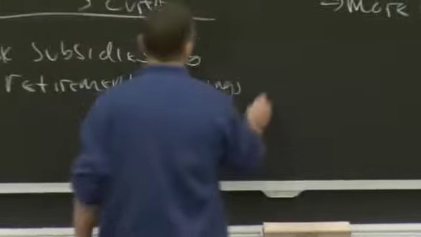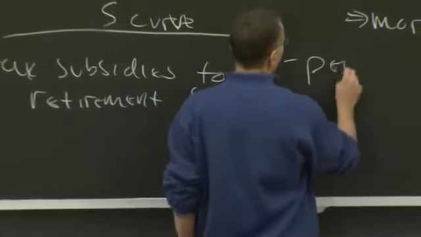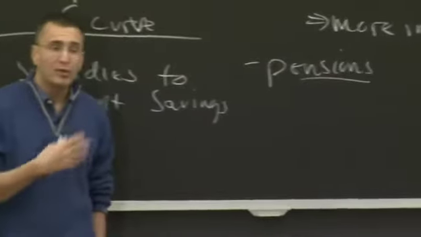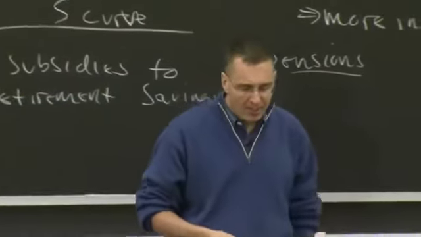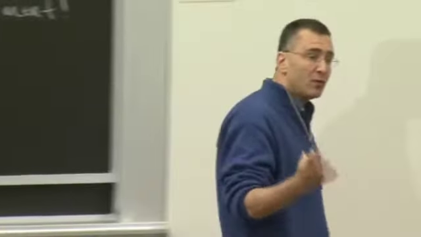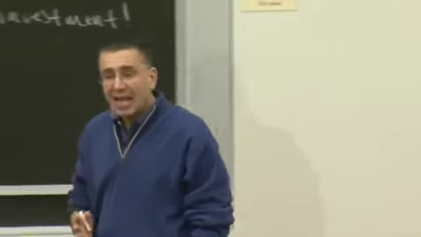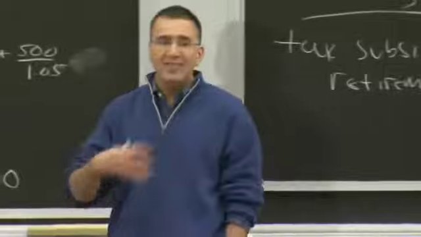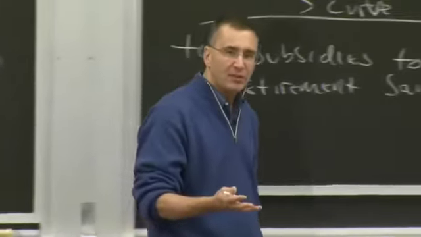So for example, we have employer-provided pensions. Pensions are plans that your employer sets up where you take part of your salary and that is not taxed. Instead, it's saved. And when you retire, you get that savings and then it's taxed.